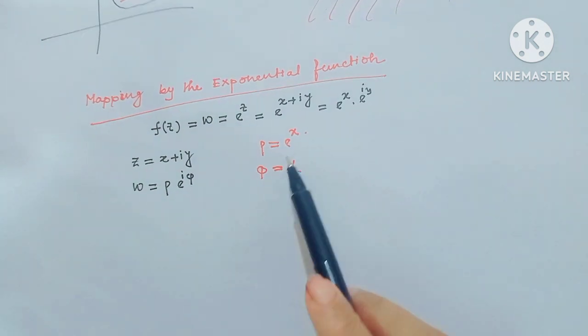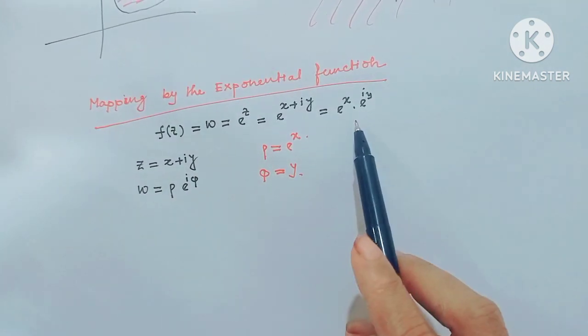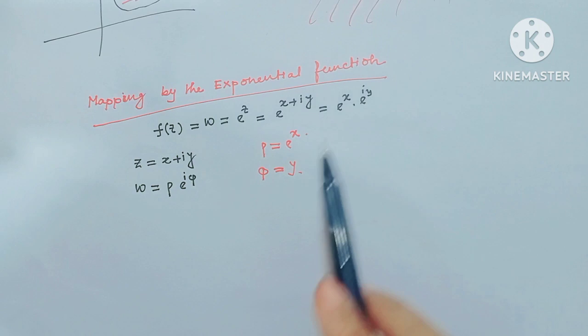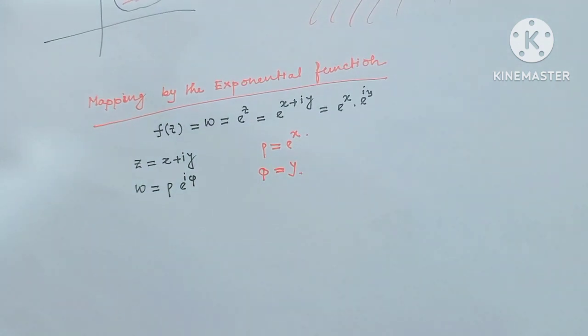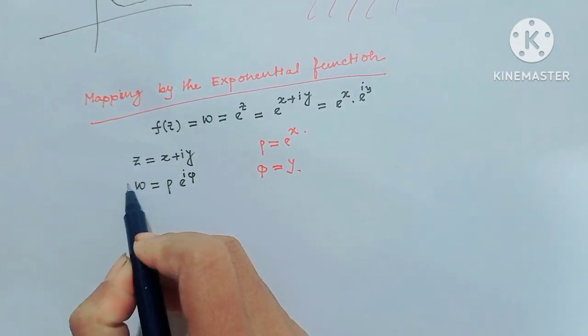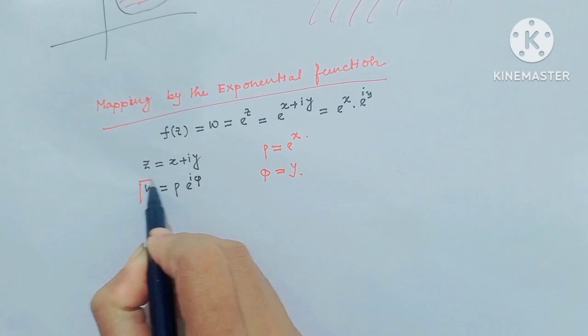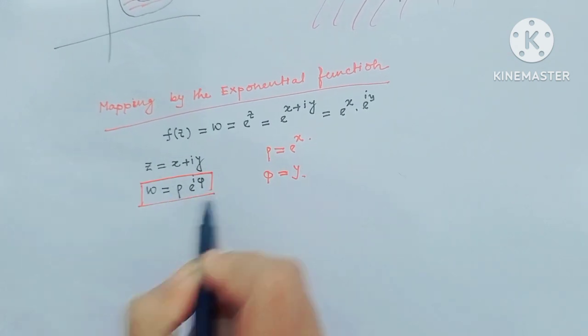Now consider rho equal to e to the power x and phi equal to y. Then this reduces to w equal to rho e to the power i phi.